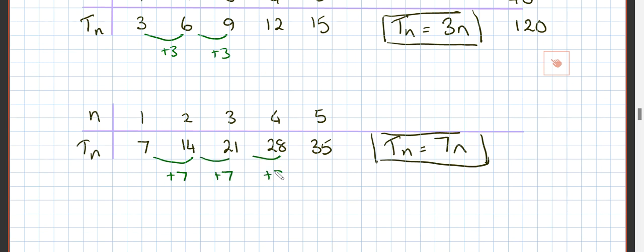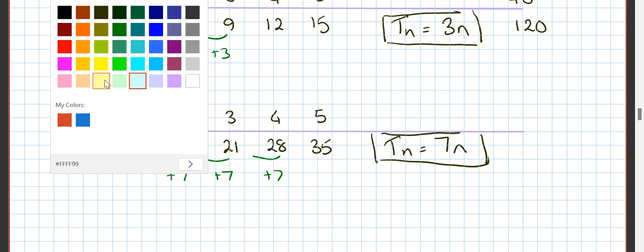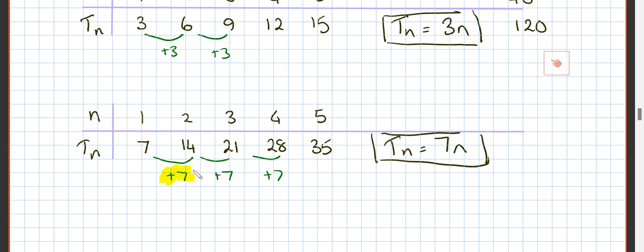So hopefully you're now making the connection between the common difference and the number that you multiply by n, because it's 1 lot of 7, 2 lots of 7, 3 lots of 7, and so on.